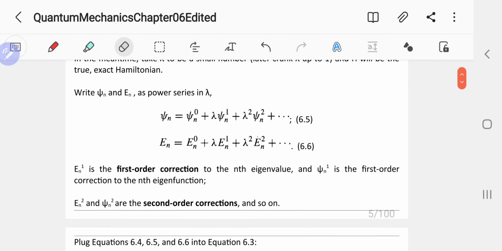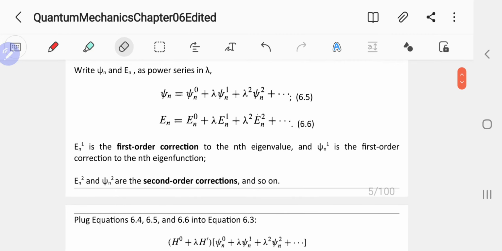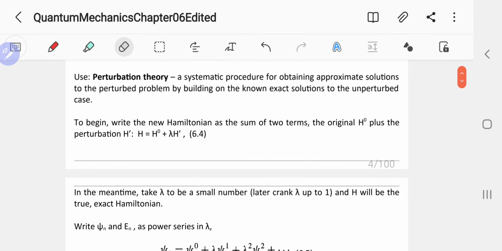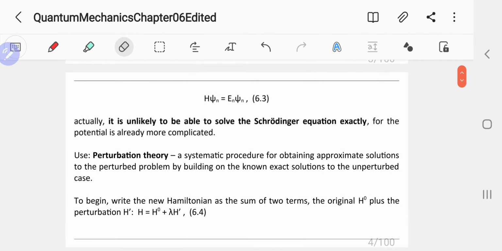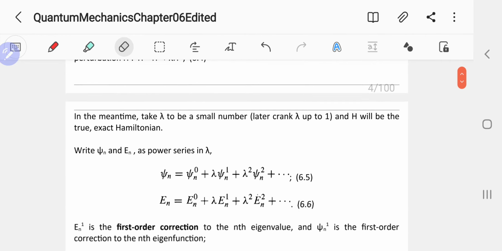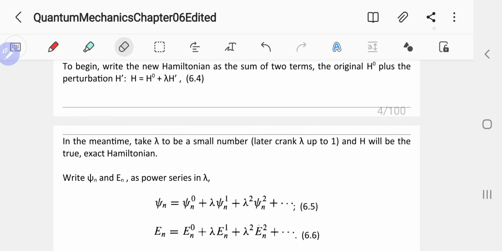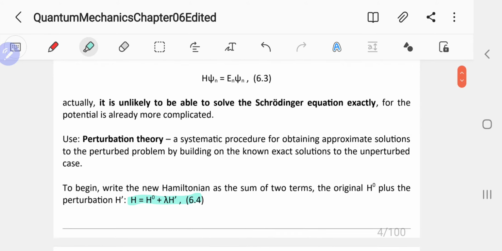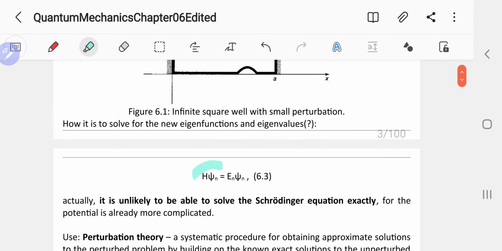So we substitute phi n into the equation that we've shown before. We take note of these equations, this one and this one here. We plug those into 6.3 here.